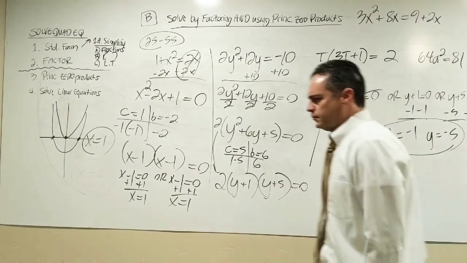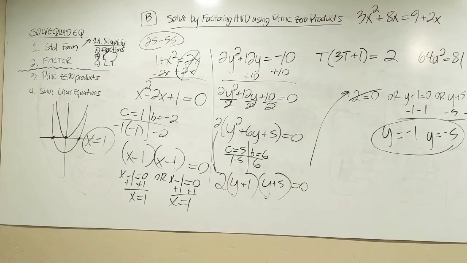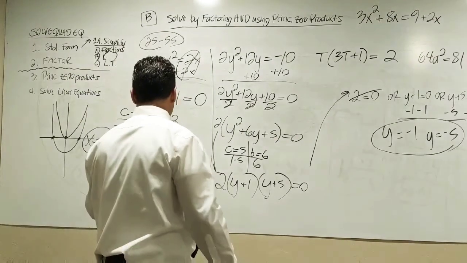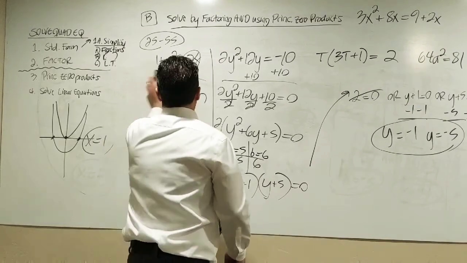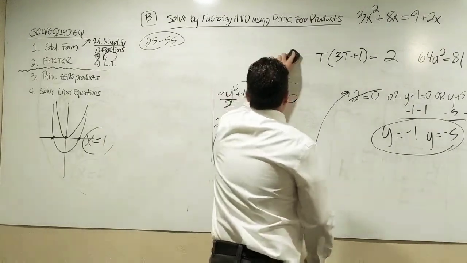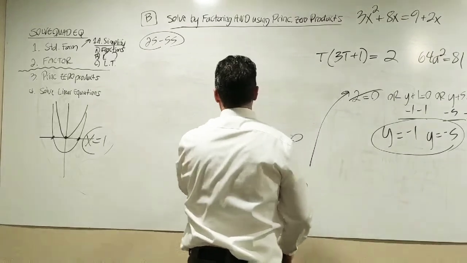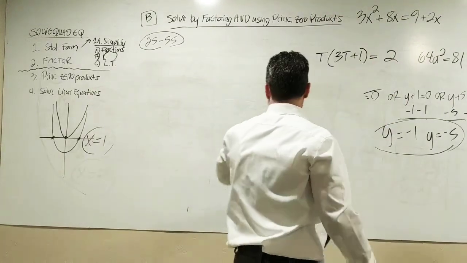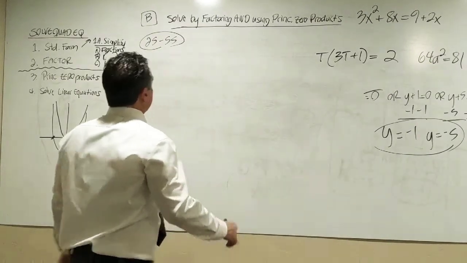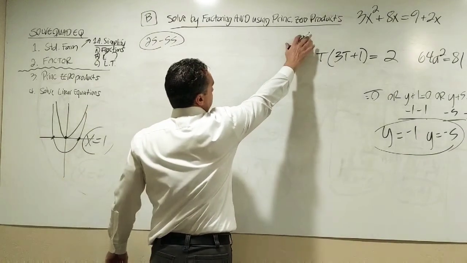I'm going to erase a little bit here because we're running out of space, and we'll get rid of some of these examples so this isn't so cumbersome. I want you to notice part B of your assignment, at the top of the board. Part A said solve using the principle of 0 products.